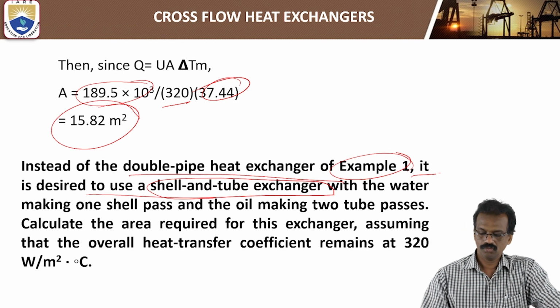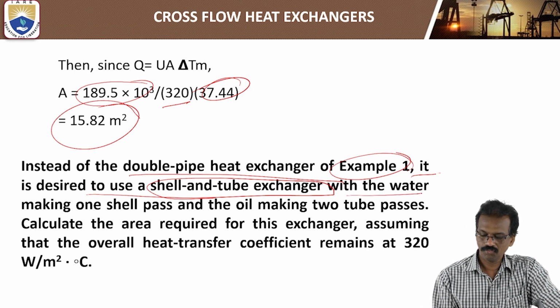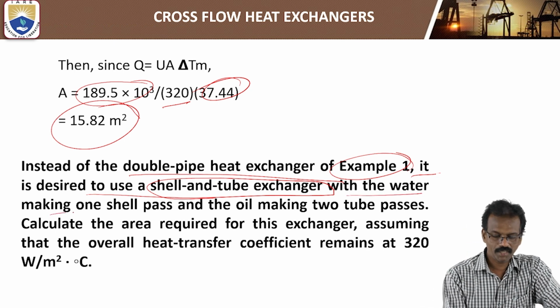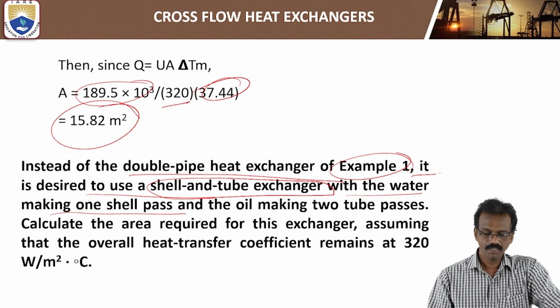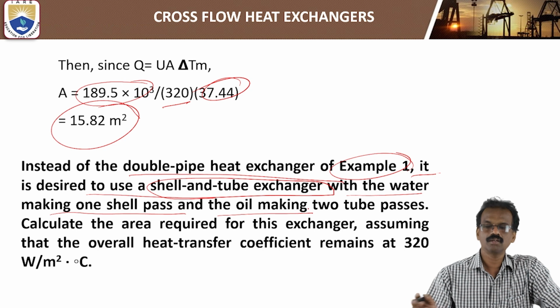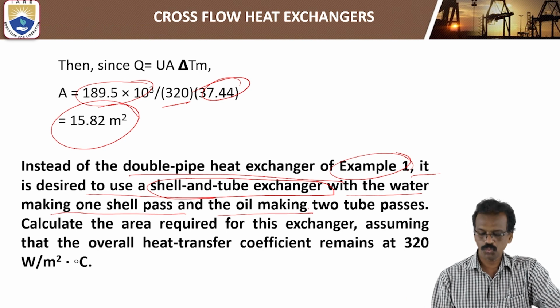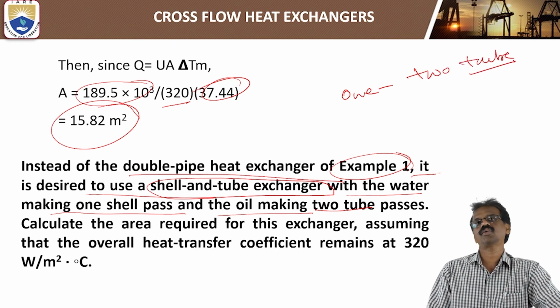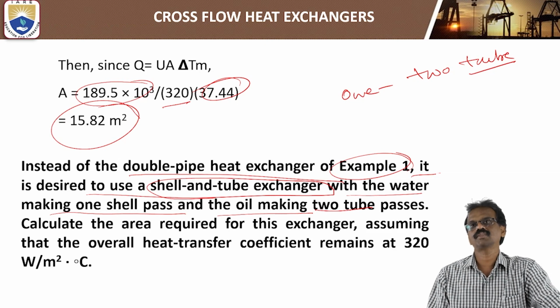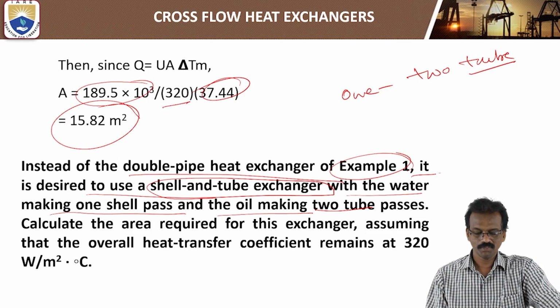So that is with water making one shell pass. Through the shell water is passing, and oil is passing through two tubes. So it means one shell and two tubes. First, you have to choose that figure, already explained in previous slides.